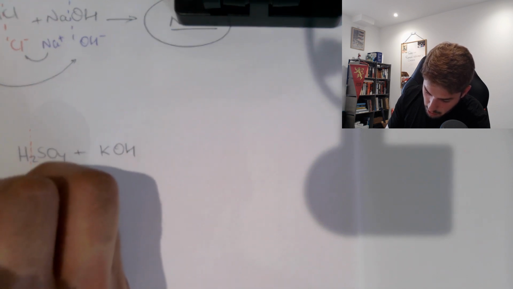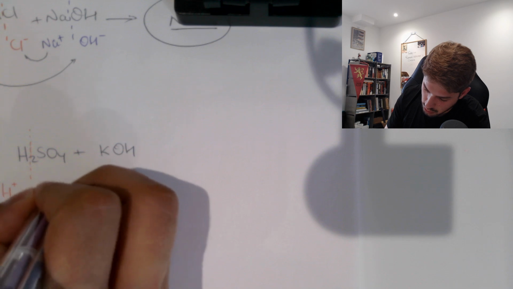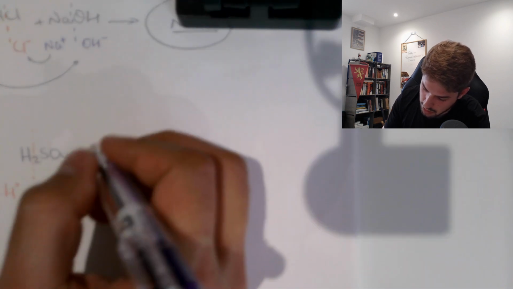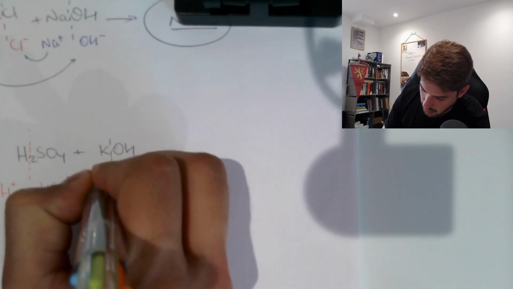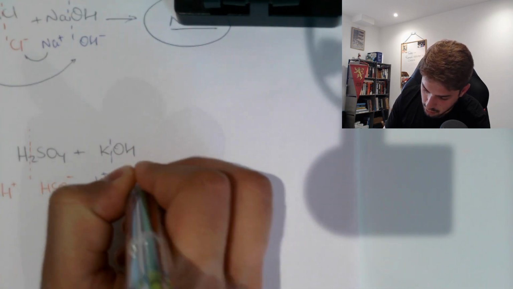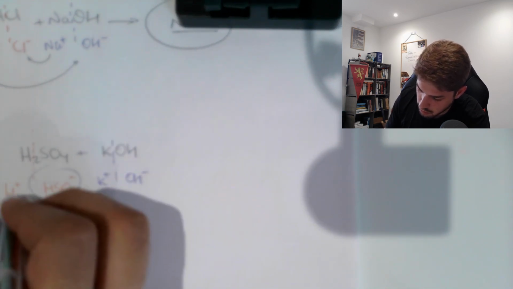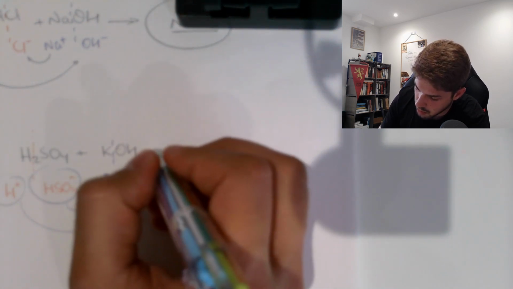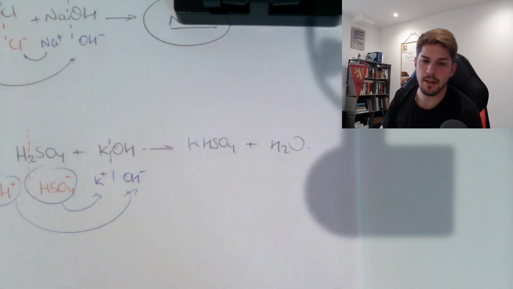Here I have one proton and HSO4 minus 1, and here I have potassium and hydroxide minus. So this one comes with this one, and this one comes with this one, and the result is a soluble salt plus water.